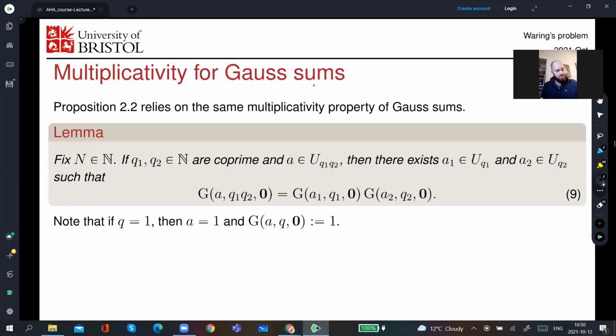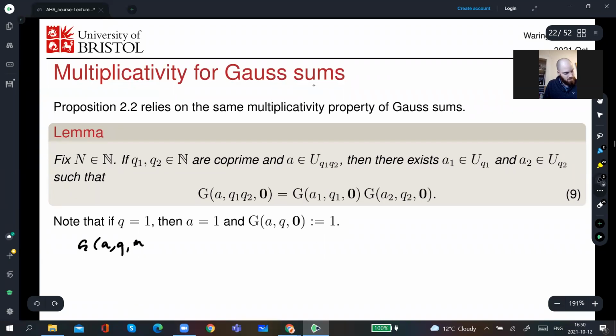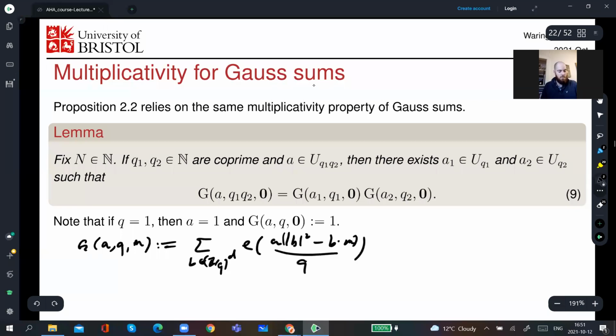Remember that the Gauss sums for us were just G of A, Q, M, defined as the sum over B in Z mod Q to the d of e of (A B squared plus B dot M) over Q. We had M equal to 0 though, for simplicity. Let's just do that. So these terms disappear.